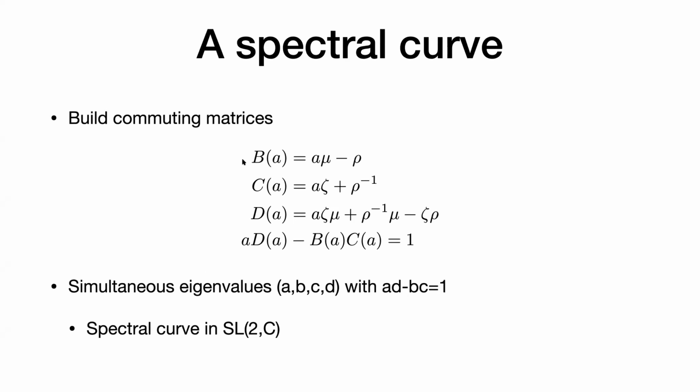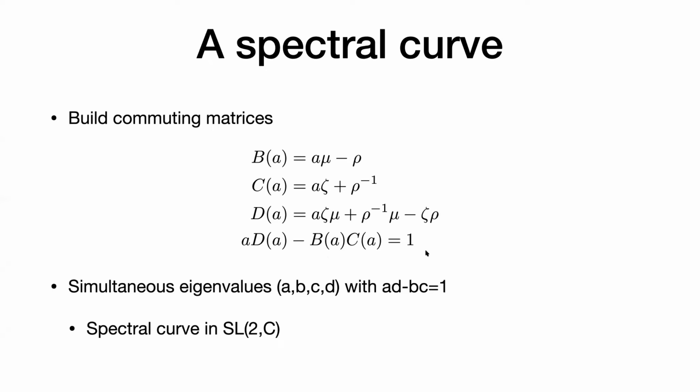Anyway, the matrices are elementary to write down. You take linear combinations of these diagonal matrices mu and zeta, and of rho and rho inverse. They are linear in this parameter A. I can define three matrices B, C, and D. They all commute, and they satisfy a matrix equation: AD minus BC is equal to 1. Why is this nice?